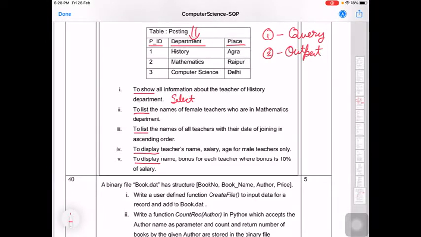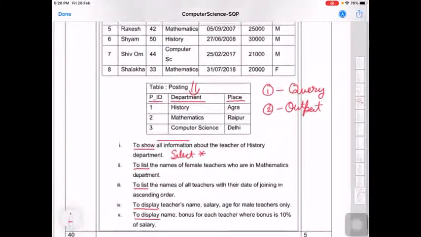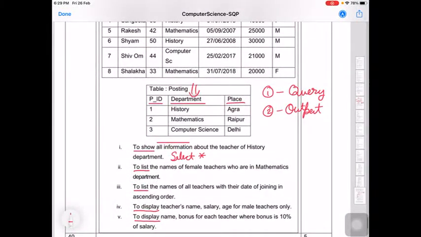Then the next part is all information. This represents the use of star. Otherwise you must have some names of columns in its place. That's why I told you in the beginning that you must know the names of the columns. But all information means star.